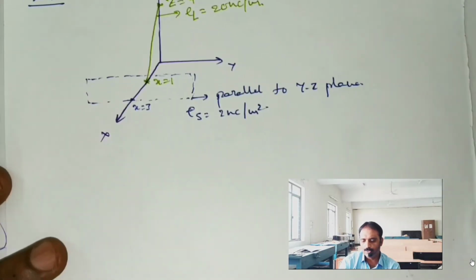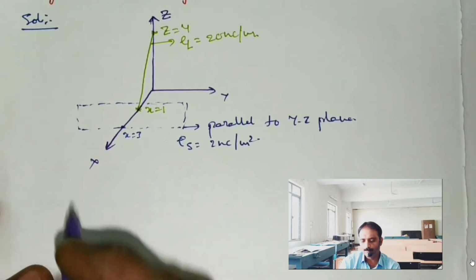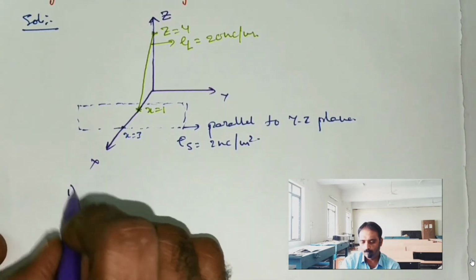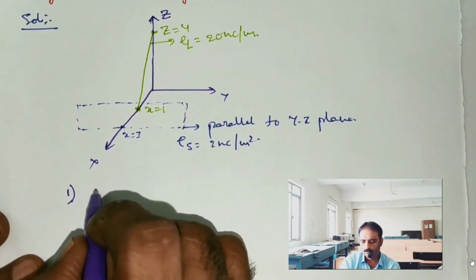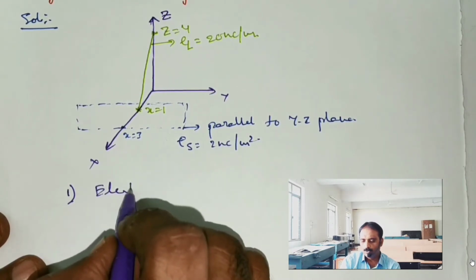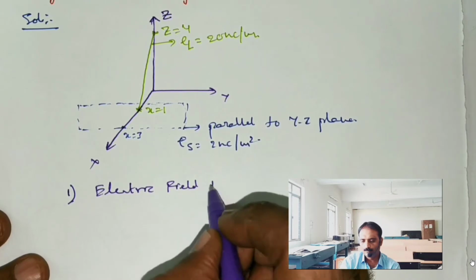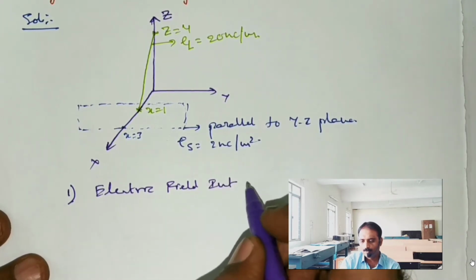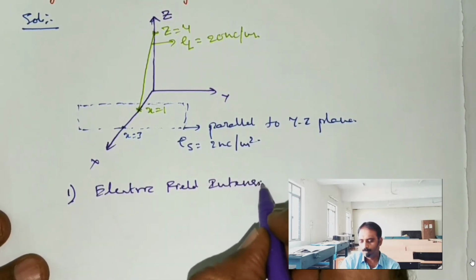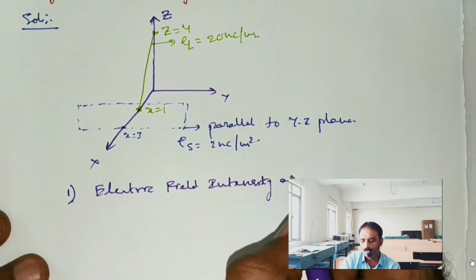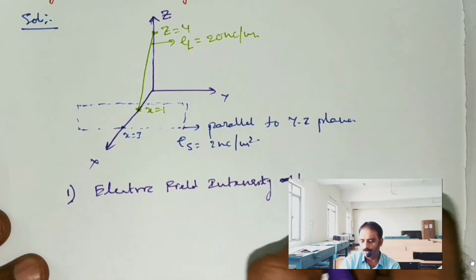So first we have to find the electric field intensity E bar at the origin, that is 0, 0 and 0.